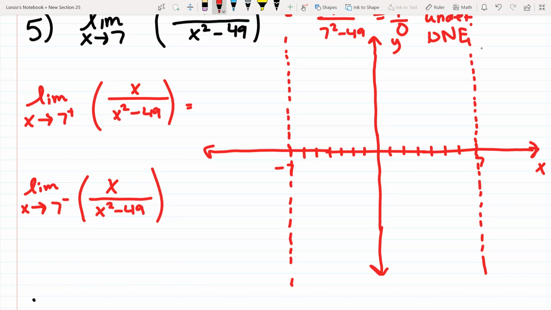Okay, so it's going to look like this. Oh, don't forget you have a horizontal asymptote at y equals 0.